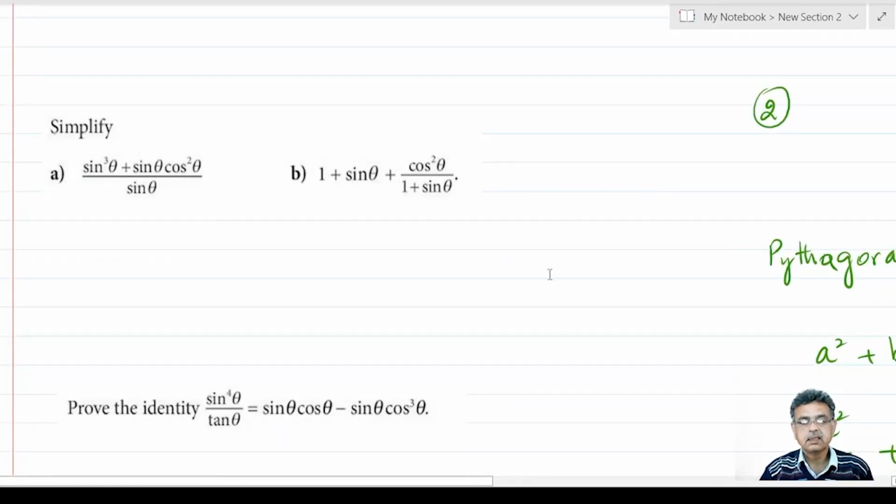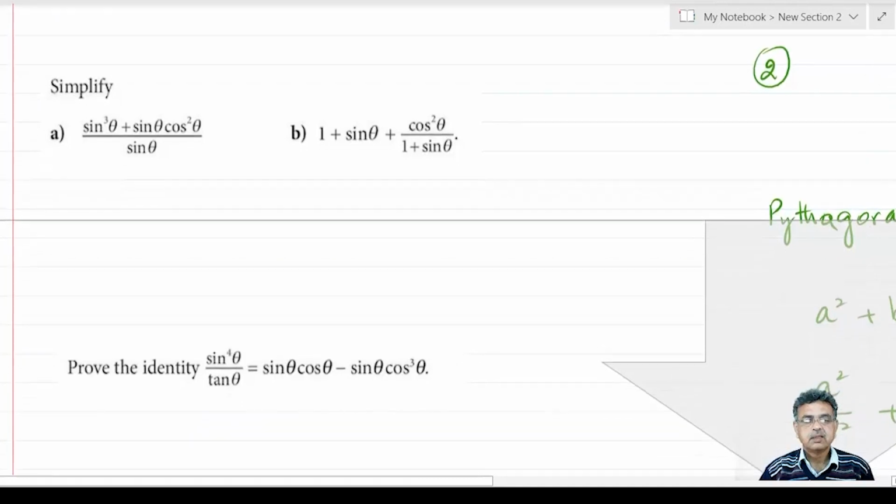Okay, next, now it is asked to simplify these expressions. So let's see how we can simplify.